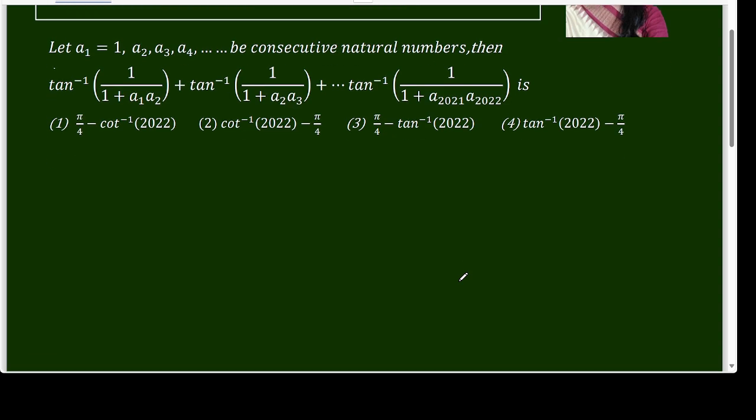So here we have to recall one formula, that is tan inverse of (a minus b) over (1 plus a into b) equals tan inverse a minus tan inverse b.